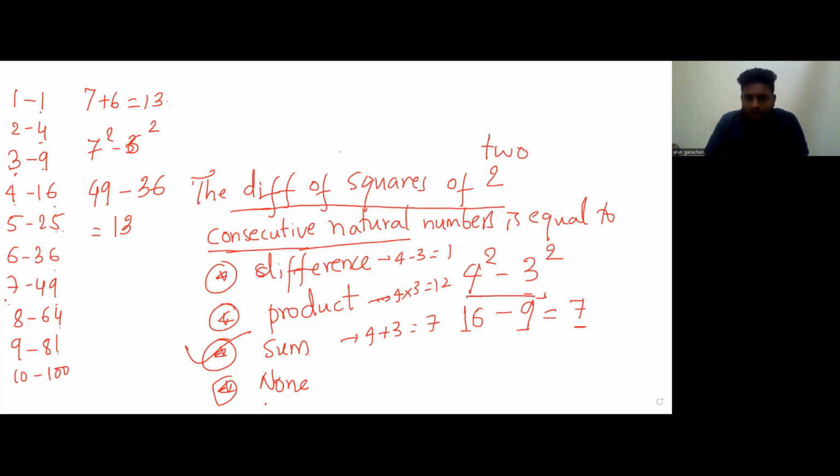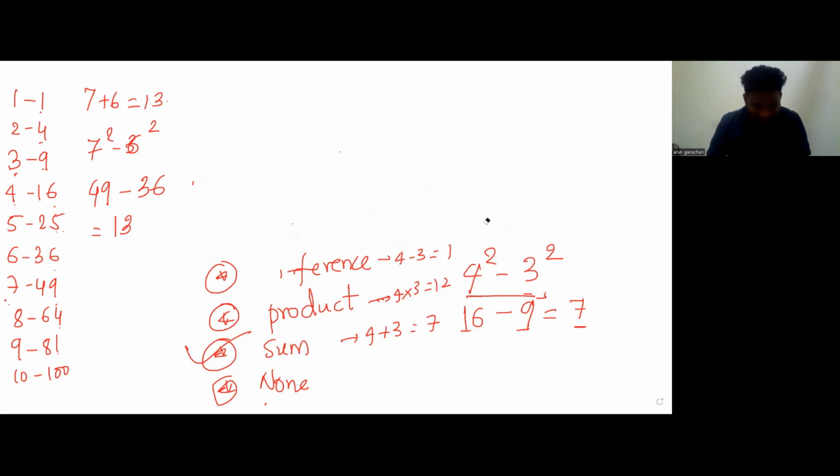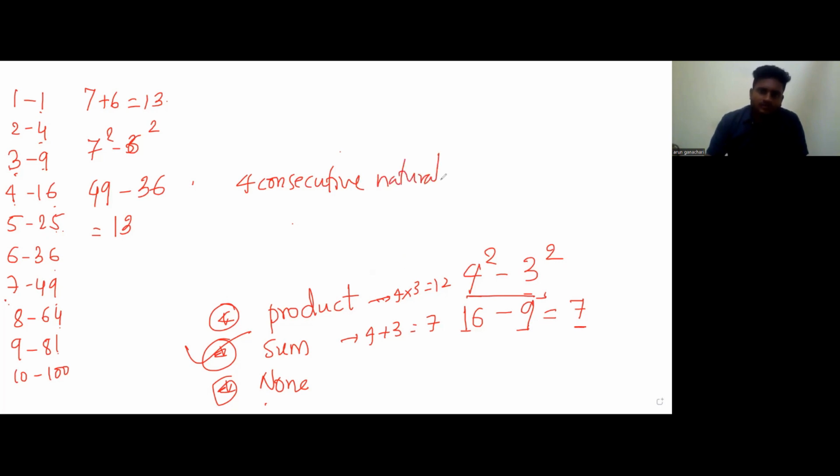The product of four consecutive natural numbers plus 1 is always a square.